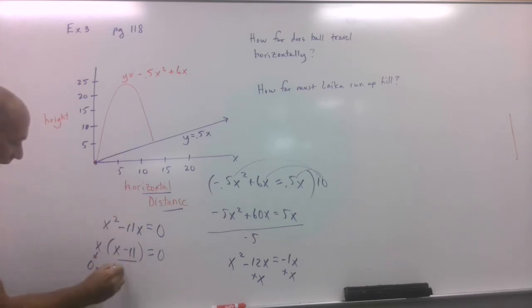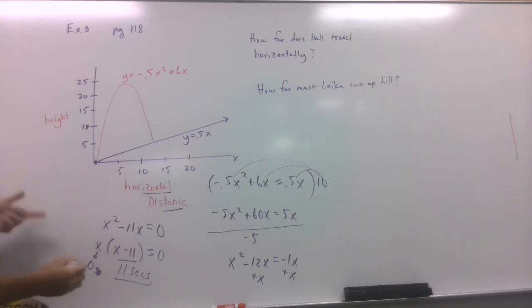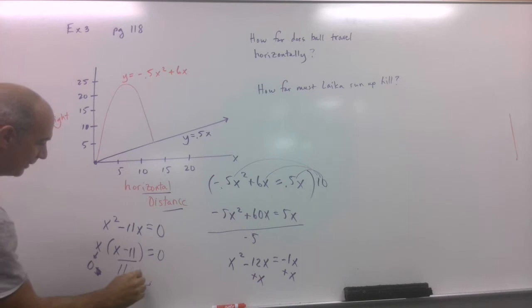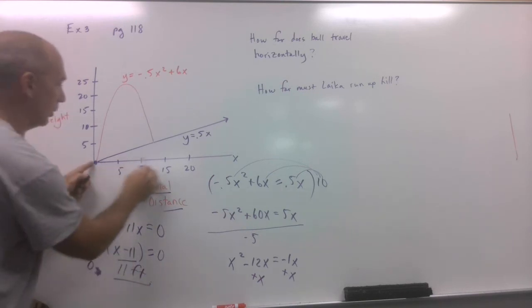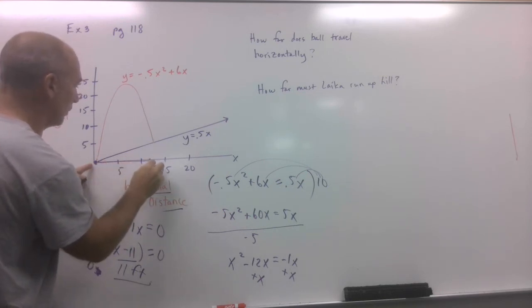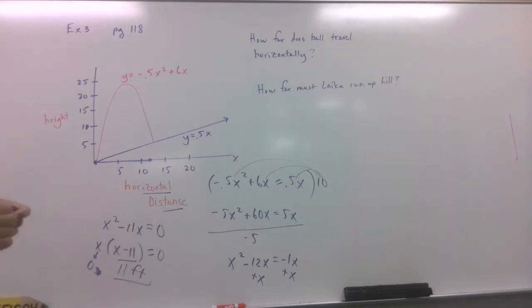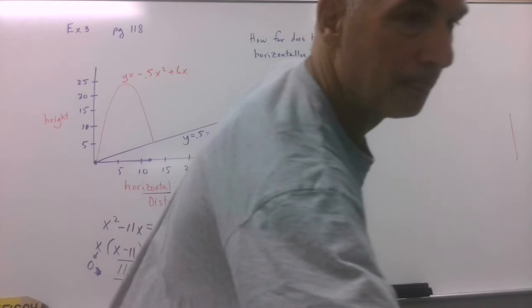But the other solution is x equals 11 feet, that's here. It could be meters, but that's the horizontal distance right here. That is how far the ball travels horizontally.